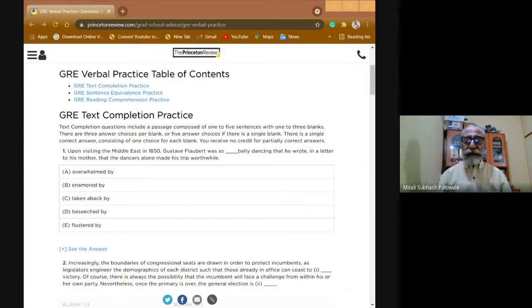In the text completion section, it includes a passage composed of 1 to 5 sentences with 1 to 3 blanks. That means this text passage may contain from one sentence to a maximum of 5 sentences, and the blanks may vary from one blank to a maximum of 3 blanks.